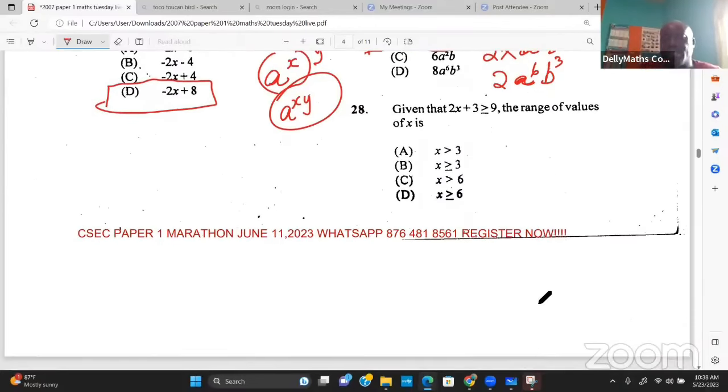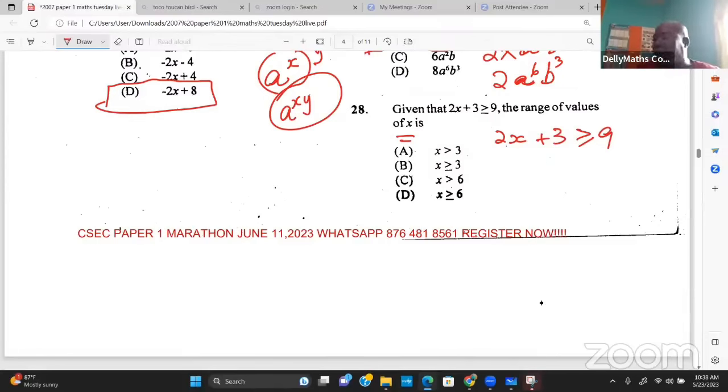All right, let's look at 28. So 28 says, given that 2x plus 3 is greater than or equal to 9, the range of values of x, we're going to solve this ordinarily. Remember, whenever you're solving inequalities, it is done just as you would have done an equation, except if you multiply or divide by a negative number, then the sign flips.